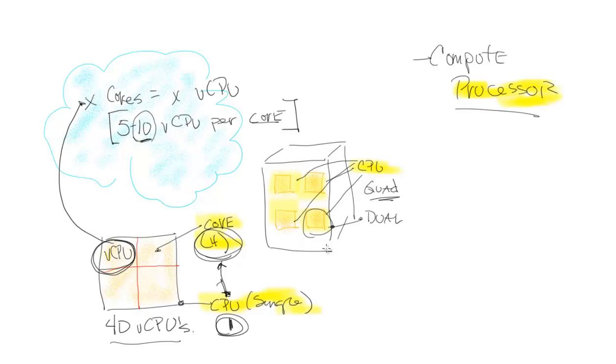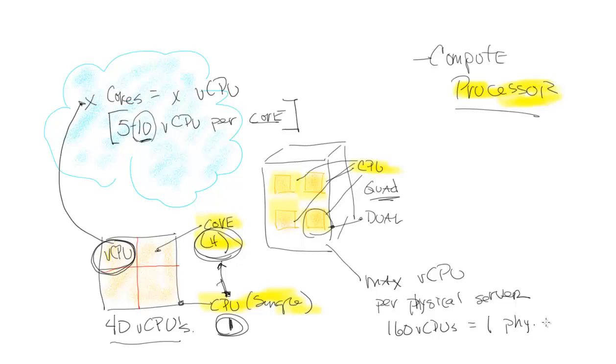The limiting factor is usually that the hypervisor has a max of virtual CPUs per physical server. So, for example, in a Red Hat environment, typically best practice is 160 virtual CPUs equal one physical server.